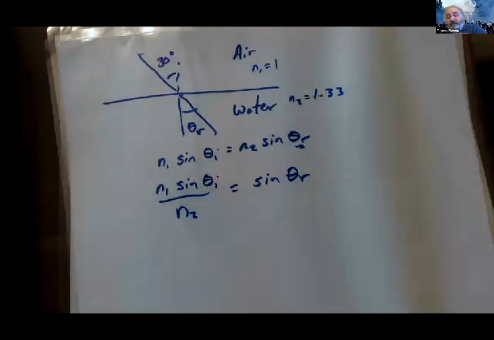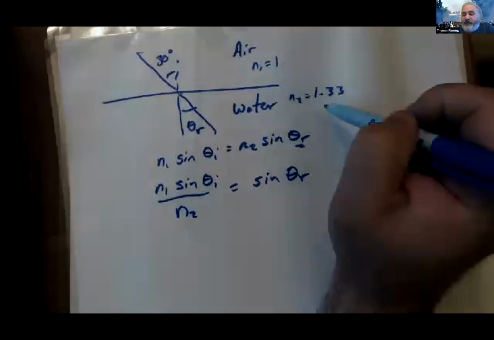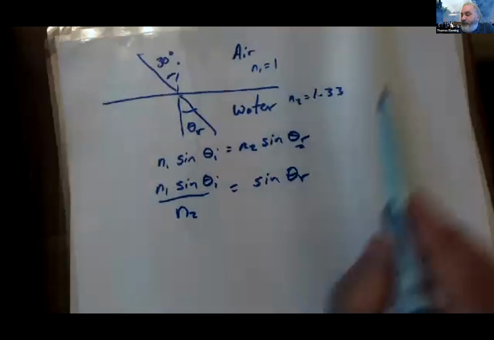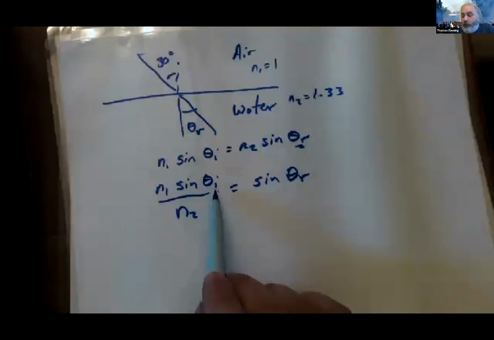So in general, and this can help you reason your way through problems before you do the math, if I'm going from a low index of refraction to a high index of refraction, you expect that your angle of refraction is going to be a smaller number than the angle of incidence. In other words, your light is going to bend to be closer to the normal rather than further away.